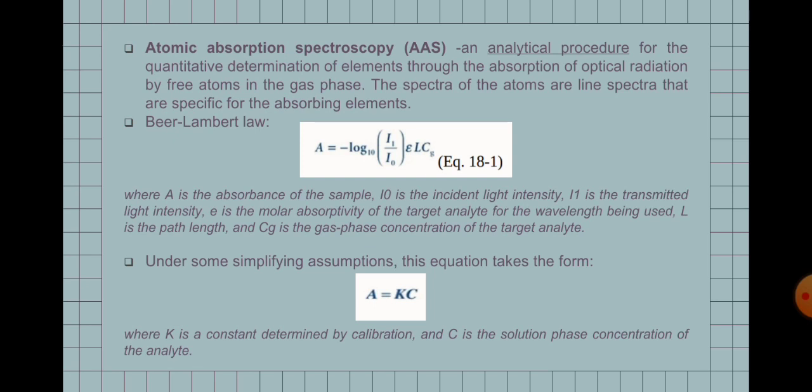So in other words, AAS is used to measure concentration by detecting the absorption of electromagnetic radiation by atoms rather than molecules.